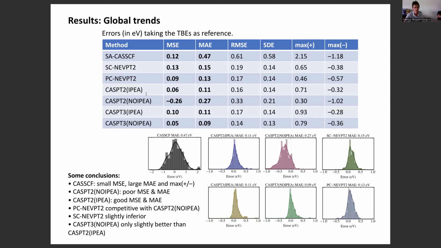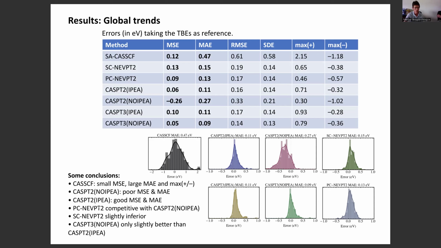The mean signed error for this method is minus 0.26 electron volt, which is not satisfying, of course. When we include now the IPEA shift, then things get much better. We have a nicely peaked distribution centered around 0 and a much smaller average error of 0.11 electron volt.